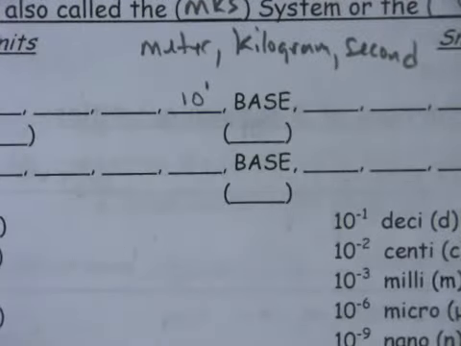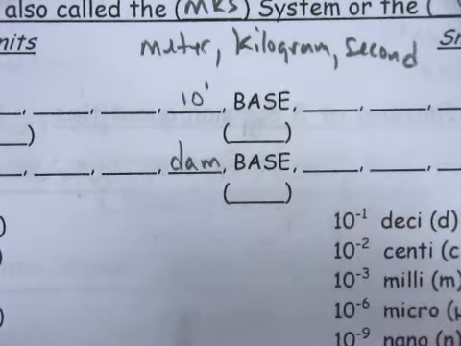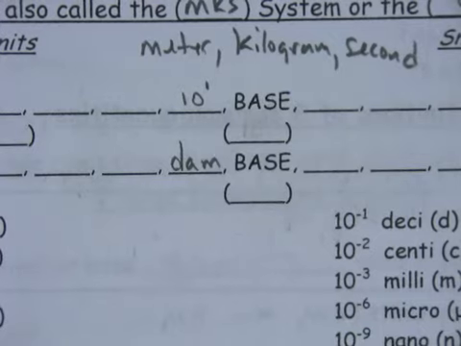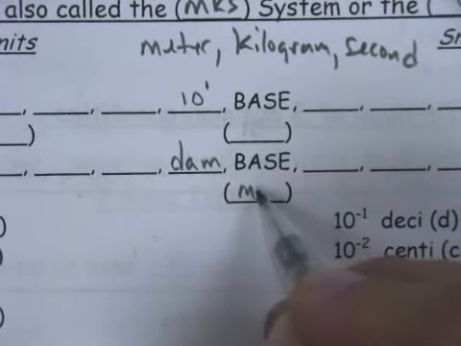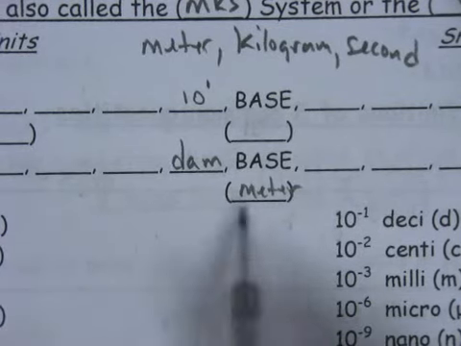The name for that is a decameter. The abbreviation for a deca is dA, and if I put the base here as a meter, an m, then I can call this a decameter.